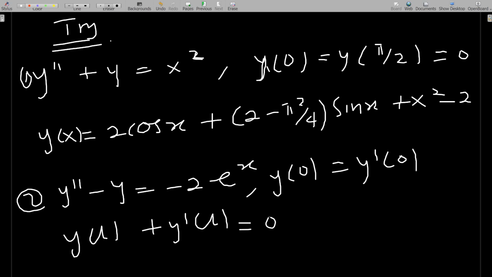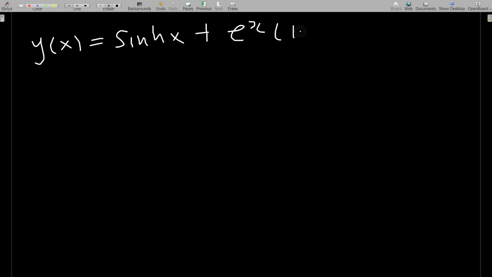These are the conditions given. And then the answer to the second one, leaving your answer in hyperbolic functions, is y of x is equal to sine x plus e to the x into L, the L in the boundary L minus x.